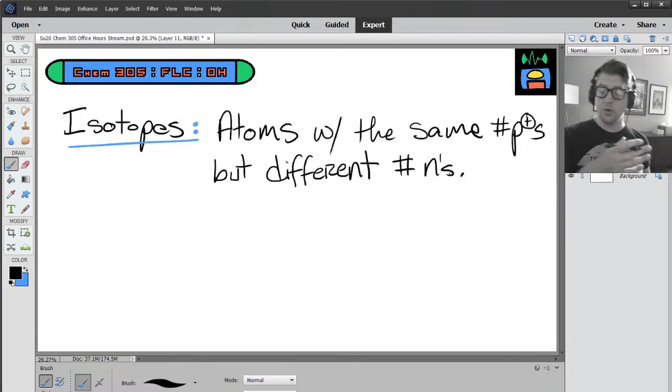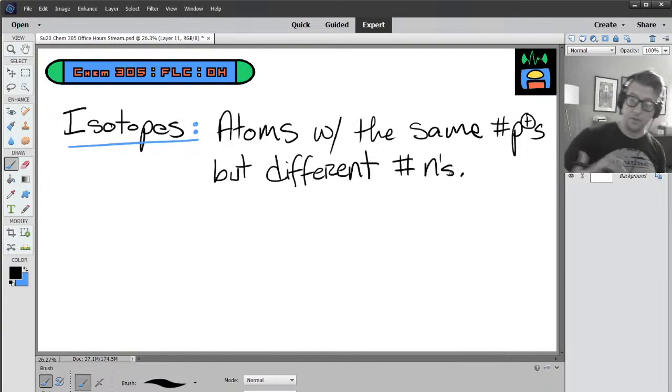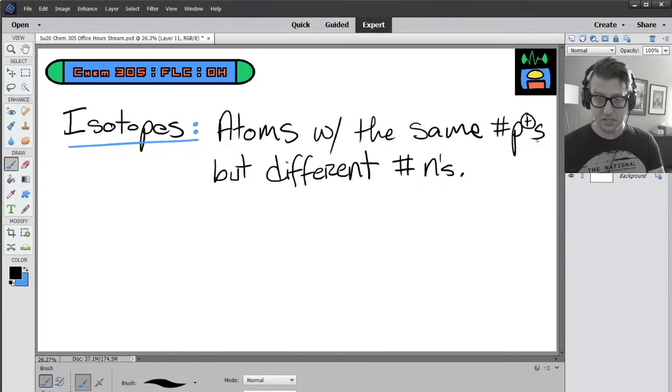So two isotopes will have the same number of protons. In other words, they're the same element, right? Having the same number of protons makes them the same element, but they have different neutron counts.